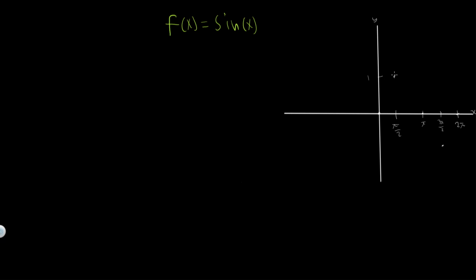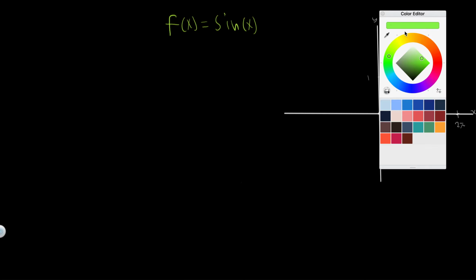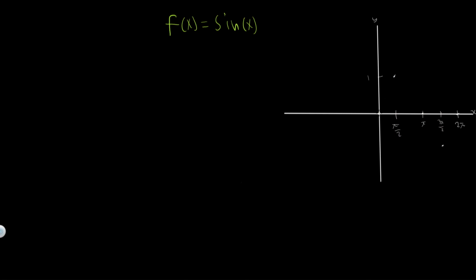Alright, so that's a few points there. We can sort of graph it now. Let's do the same green color. So it starts at 0, does something like this, and then it goes back to 0. So that's sort of how a sine function looks like. So we'll say this is sine of x.